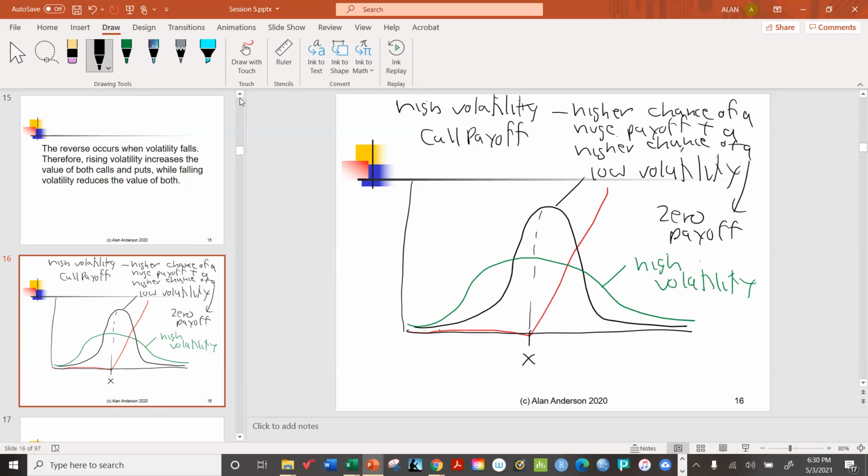What if we had a stock that has no volatility, which means it always stays at the same price, and that price is below X? Well, that option has zero value to us because there's no possibility of the option finishing in the money. All right, so that's why volatility is always helpful to both styles of options.